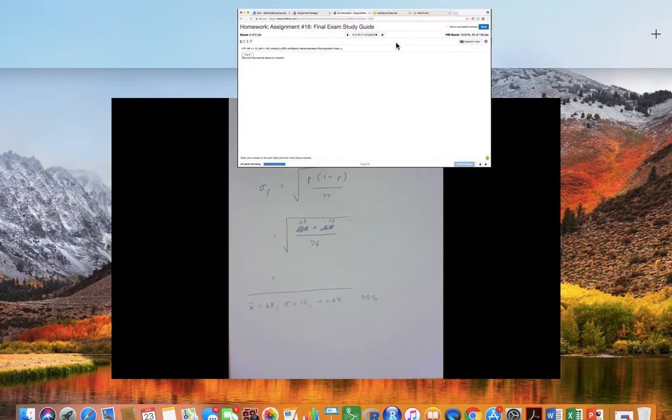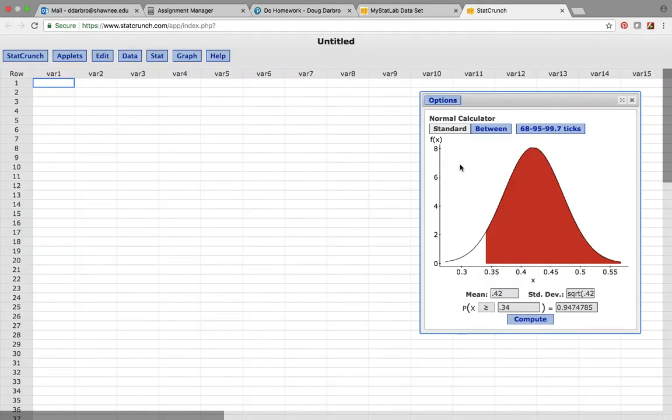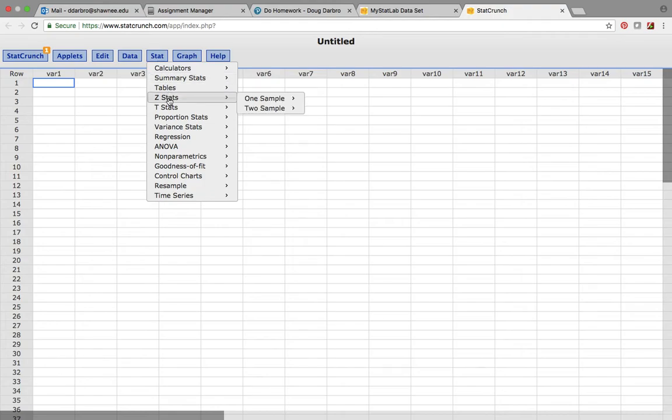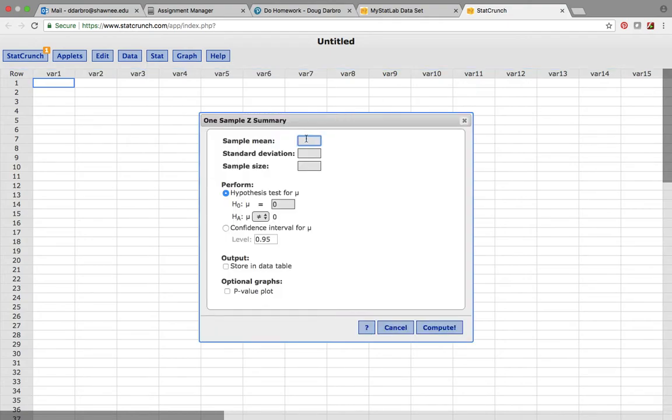All right. So in StatCrunch, clear this out, go to Stat, go to ZStat again because the population standard deviation is given, go to one sample, and I have summary. I don't have the numbers, so I don't use data. I go with summary. So the sample mean is 68. The population standard deviation is 12. And my sample size is 64.